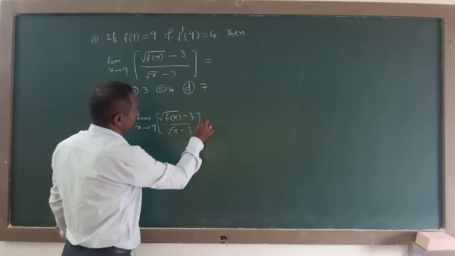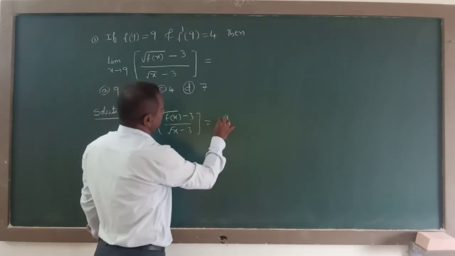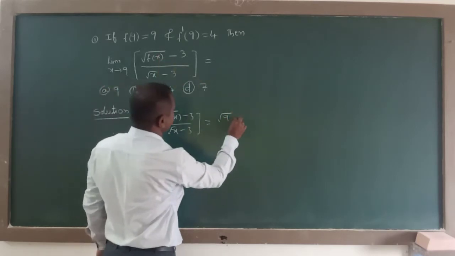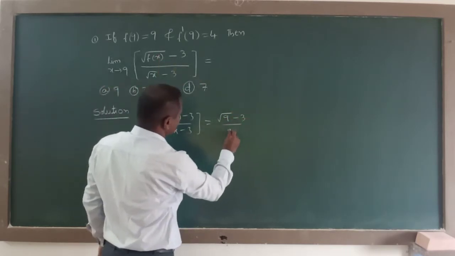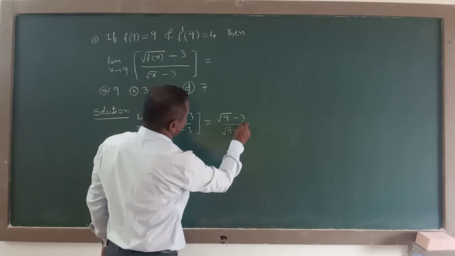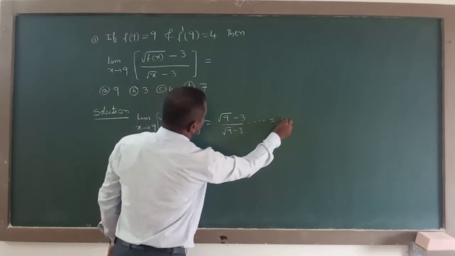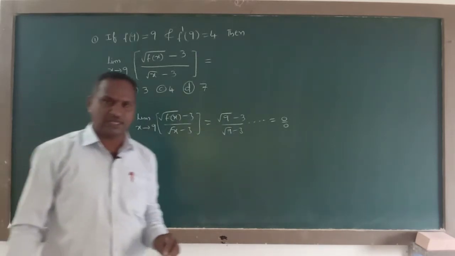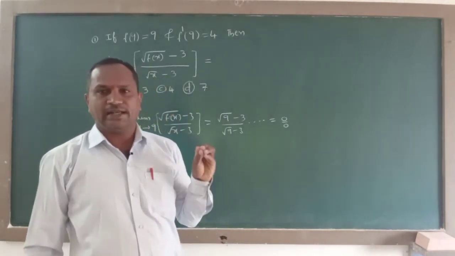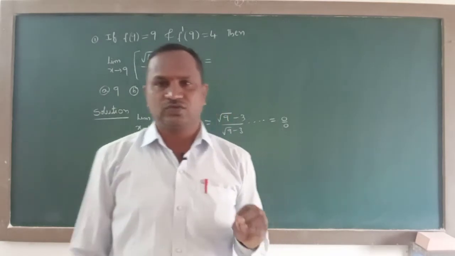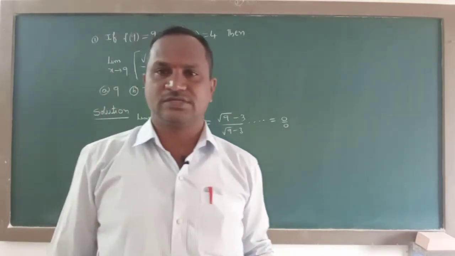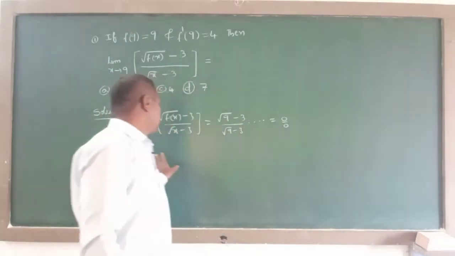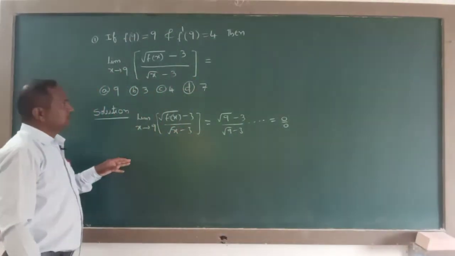If you apply the limit here, square root of f of 9, which is already given as 9, minus 3, whole divided by square root 9 minus 3, it approaches a 0 by 0 form. But we should not get such forms here. If we get such forms, we call them indeterminate forms. Try to avoid those forms.